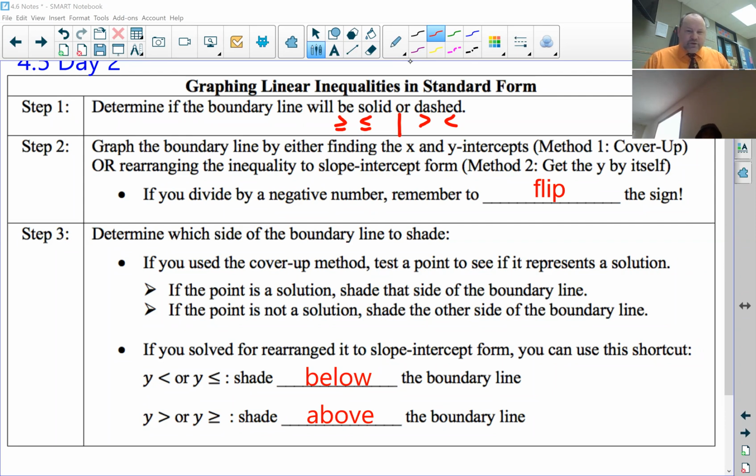If it does make the inequality true, we shade on that side of the line, the side that the point we chose is on. Again, I like to choose 0, 0 because it's easy to work with. If that point is not a solution, we go to the other side of the line, the side that that point is not on, and we shade there.